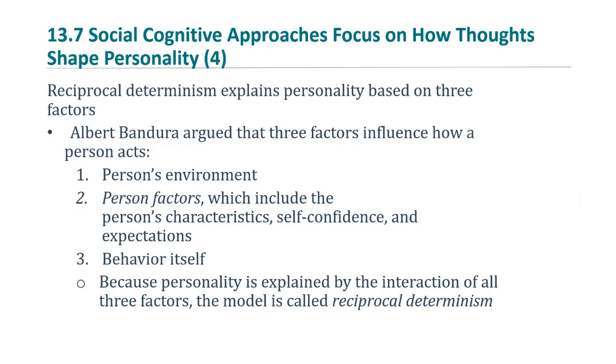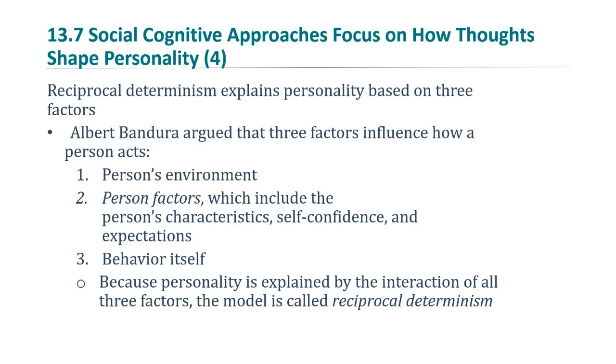According to another social cognitive approach to personality, it's Bandura's reciprocal determinism. There are three factors that interact with each other to influence personality: the person's environment. Then we have what's called person factors, which include the person's characteristics, their self-confidence, and their expectations.